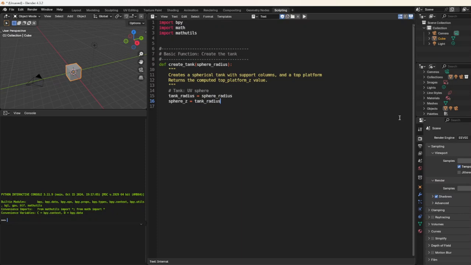And what sphere z is, it's just the center of the tank. You see the z-axis over here is just up and down. The tank radius is to make sure it's in the middle. It's like the core, and the radius tells the code where the core is.